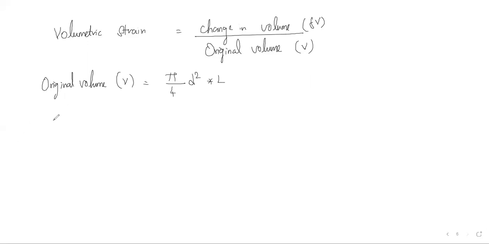Okay. The change in volume del V is equal to final volume, that is after the dimensions change, that is the length and cross sectional details change, minus the original volume.